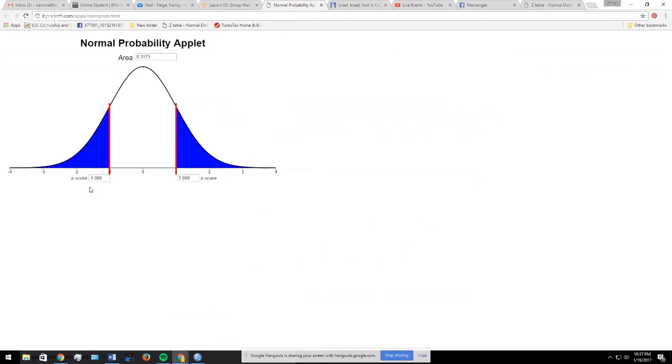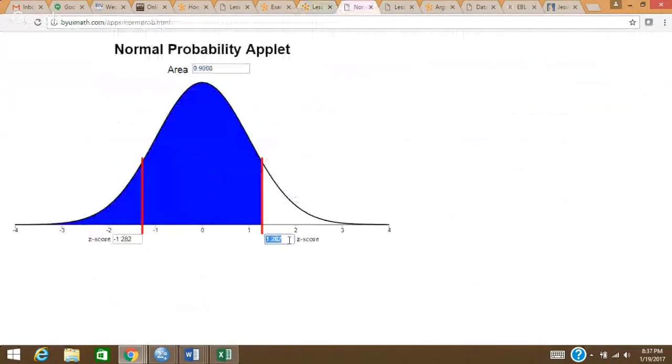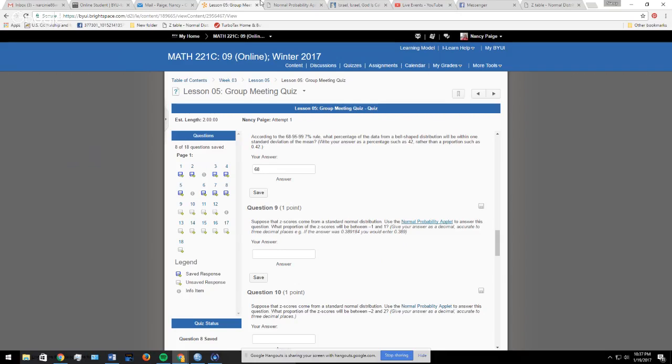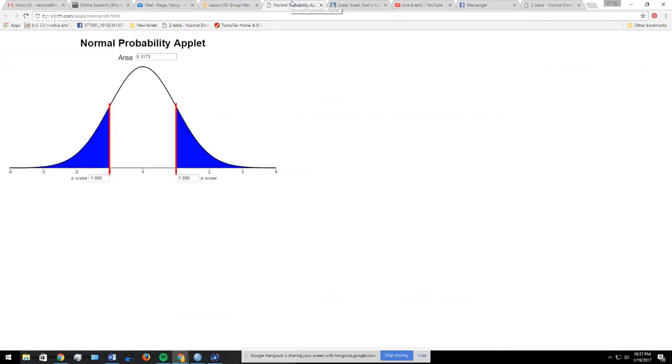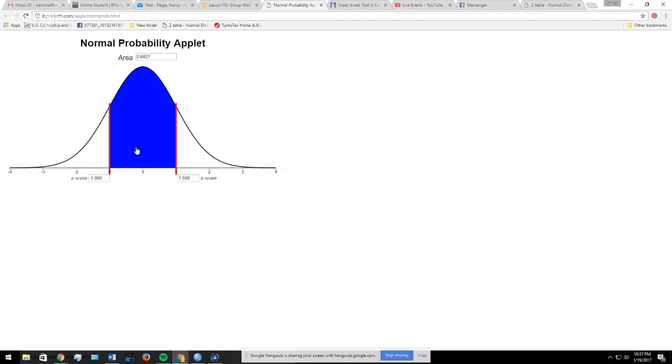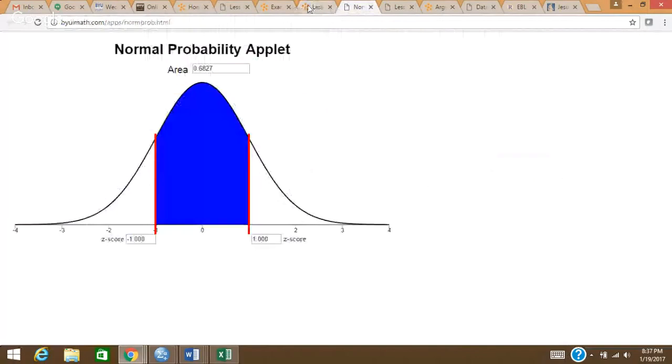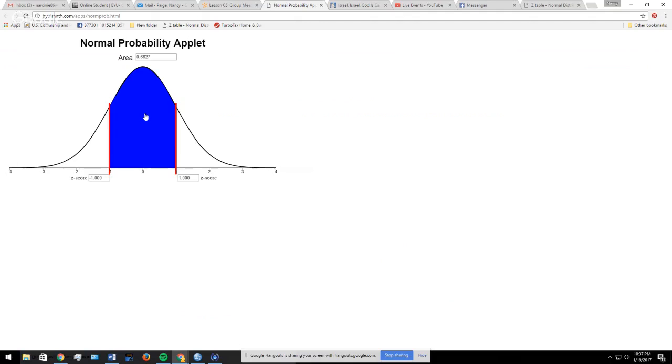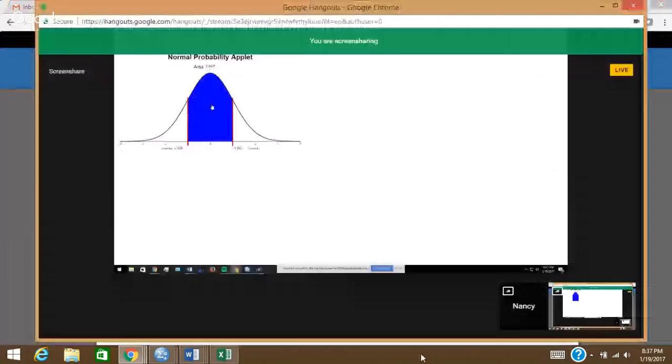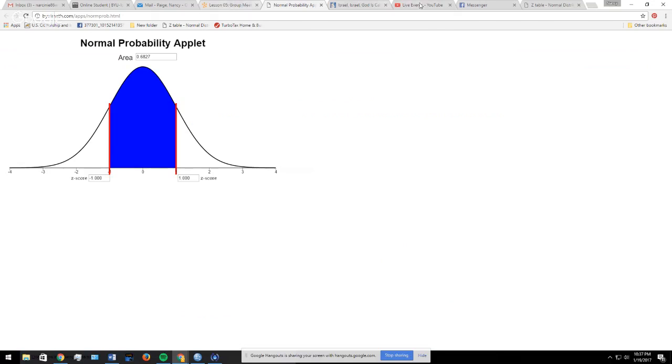So -1 and 1. In between? Yeah, so this part. It is 0.68, because it says in decimals, right?